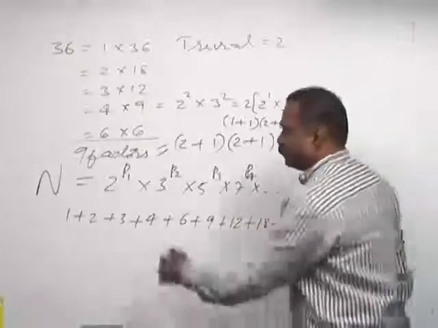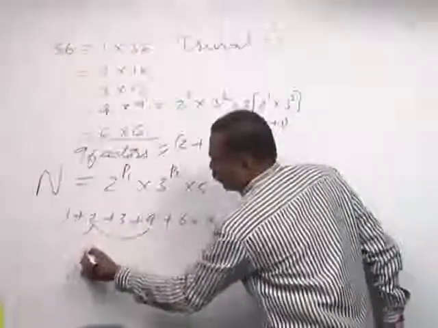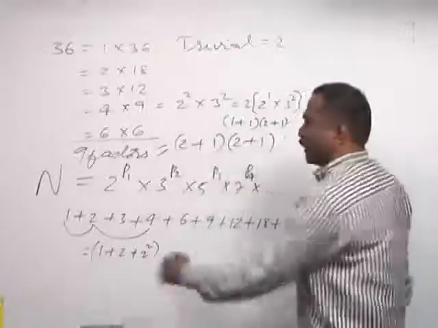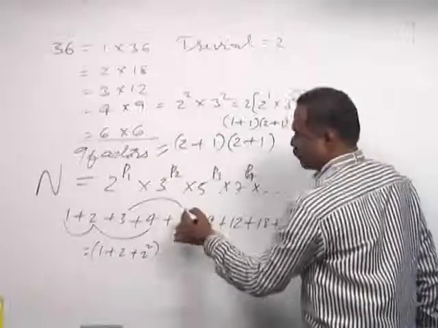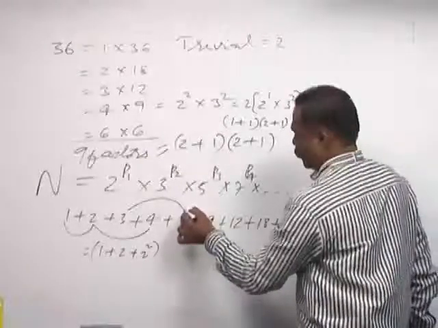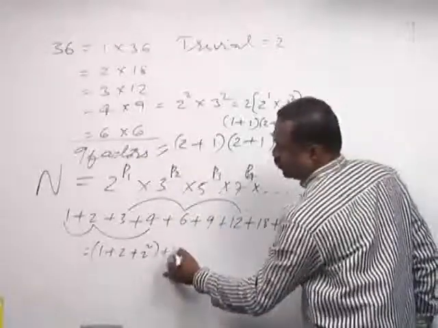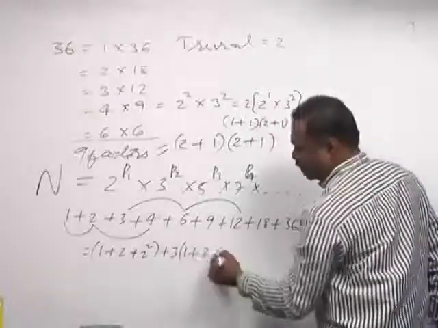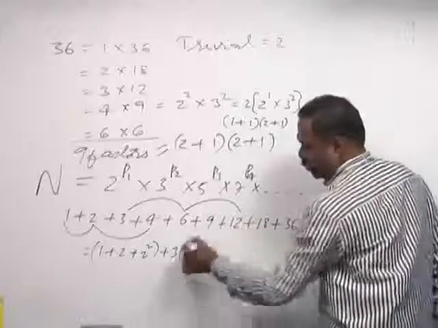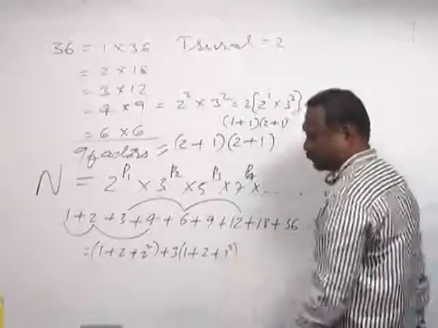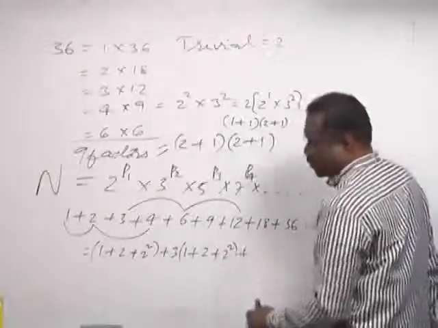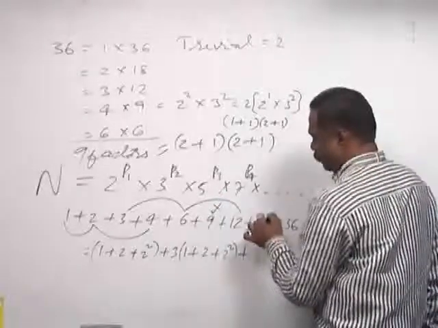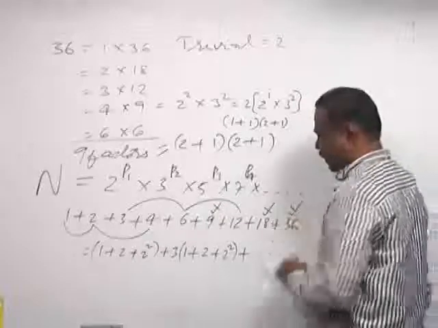Okay, now let me write this in this way. 1 plus 2 square. Next, let me take this. Then you can take 3 common. What will you be getting then? 1 plus 2 plus 2 square, with 3 taken common. Next, I will take this 9, 18, 36.